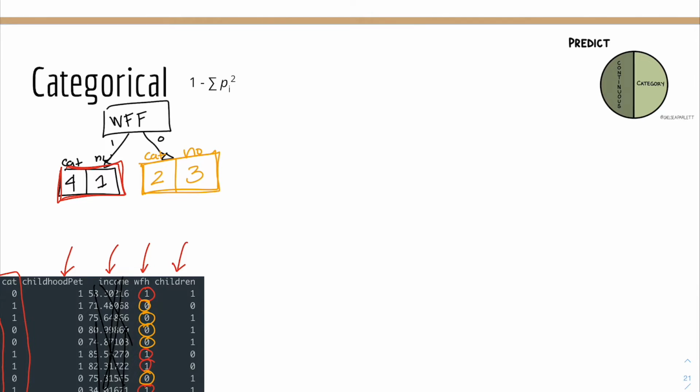And when we have these mixed results where we have in one node people who are in more than one category, we call that impurity. And the way we're going to mathematically represent or measure impurity is with this formula up here, which is called the Gini Impurity.